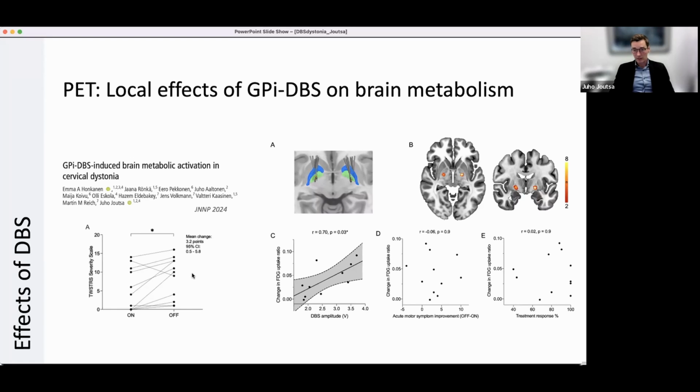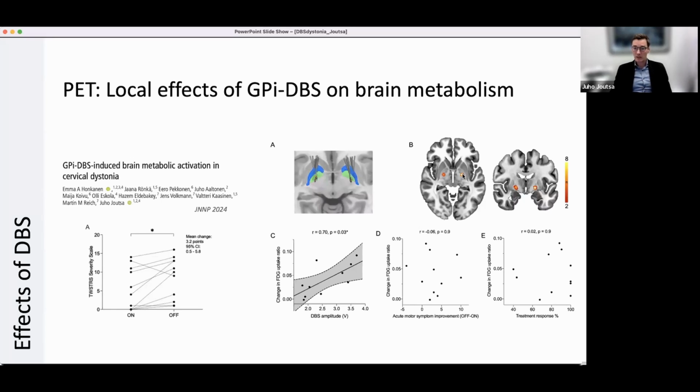So in this study, again, 11 patients with cervical dystonia with chronic DBS treatment. The treatment was switched on and off, and brain glucose metabolism was measured using PET.